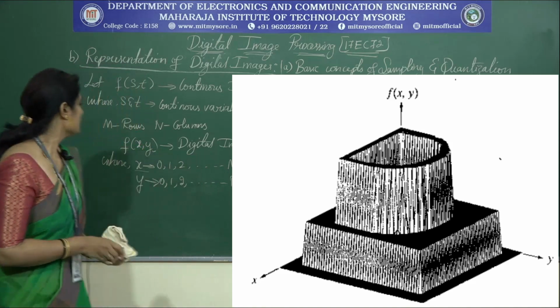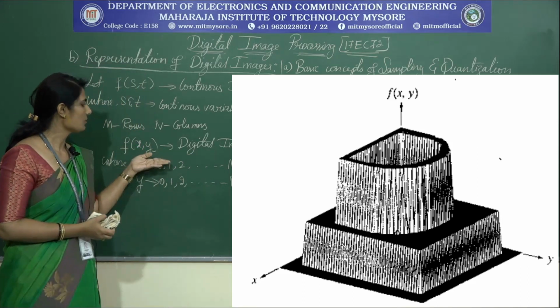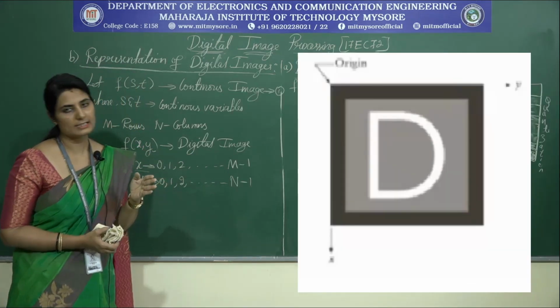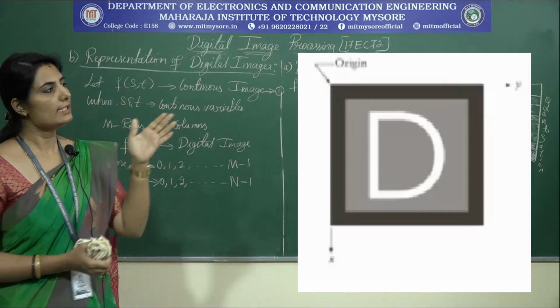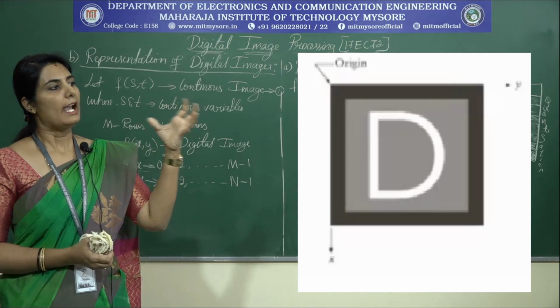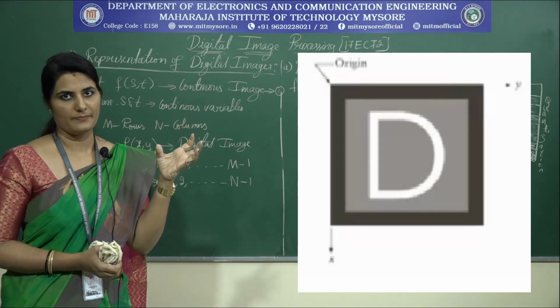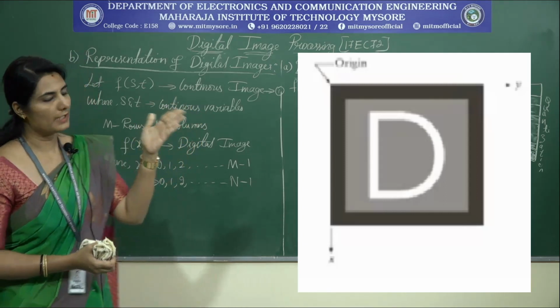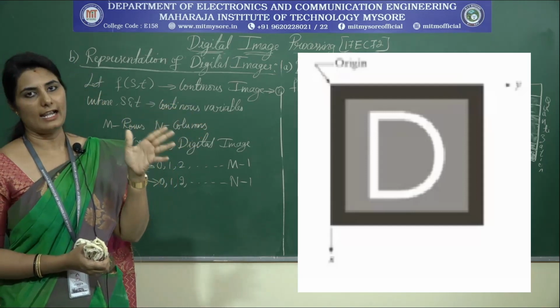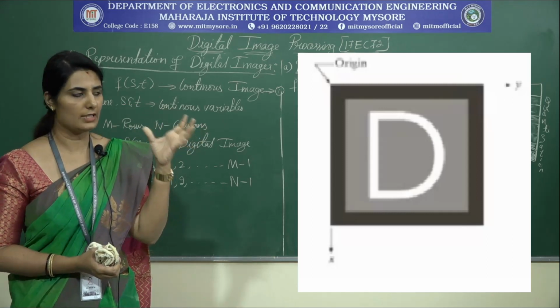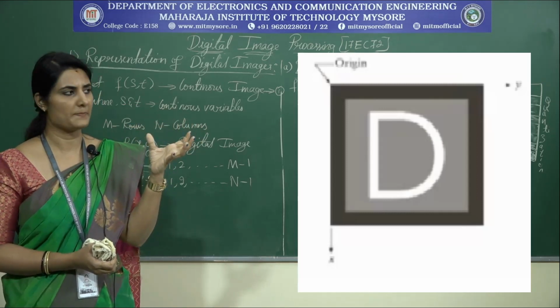Okay, so the second type of representation of digital images is as shown in this figure. Here the images are displayed as visual intensity levels. Here f of x comma y is a digital image which is represented as the visual intensity level. That means this is the most familiar.